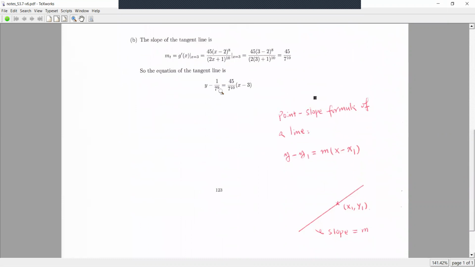The function value at the point 3 is this number. It is equal to slope, this number, parenthesis x minus x1. x1 is the number 3. So this equation is the equation of the tangent line to the graph of the function at the point 3.